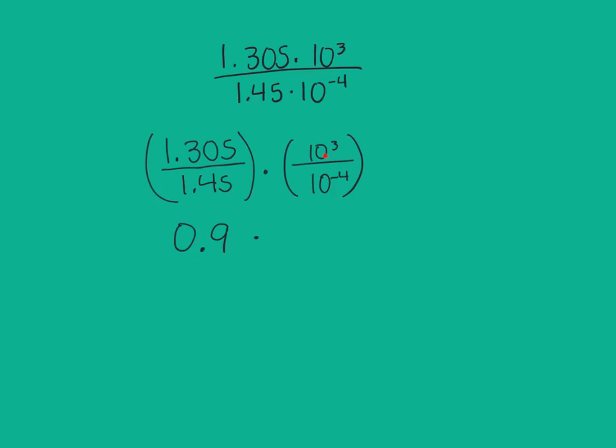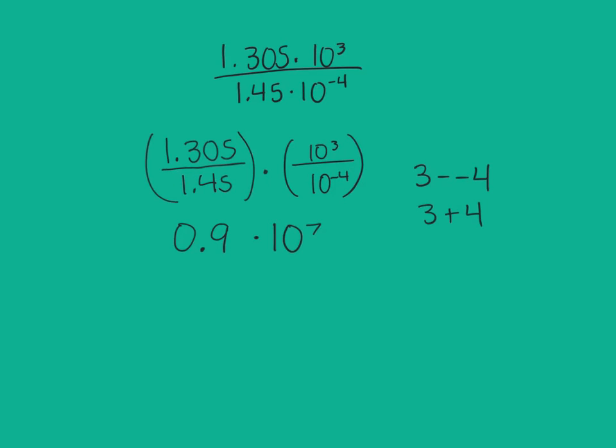We have the same base, so when we divide the exponents, we just need to subtract the exponents. So 3 minus -4 equals +7. 3 minus -4, I can change this to 3 plus 4, and that gets us 7. So that's how I get to this step.